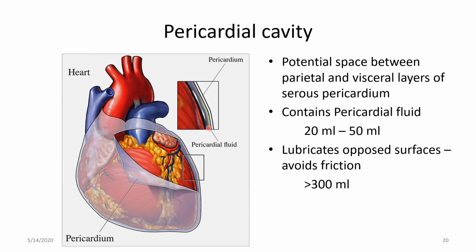The purpose is to avoid friction between these two layers, and if the quantity of fluid is more than 300 ml, you call it pericardial effusion.